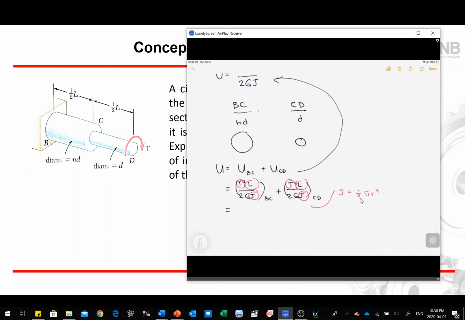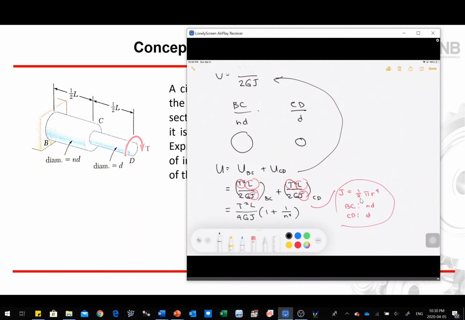Note that BC has a diameter of nD, and CD has a diameter of D. Based on this, we can account for all of these numbers, and we end up with the following equation: 2T squared L over 4GJ times 1 plus 1 over n to the 4th, which is this equation right here.